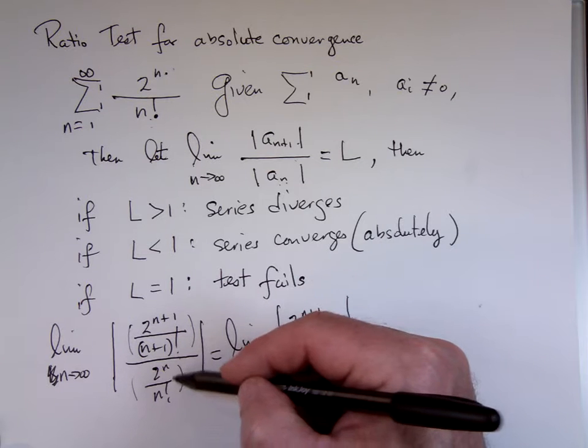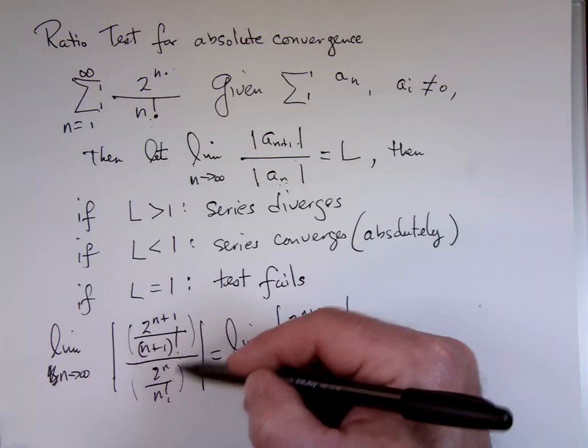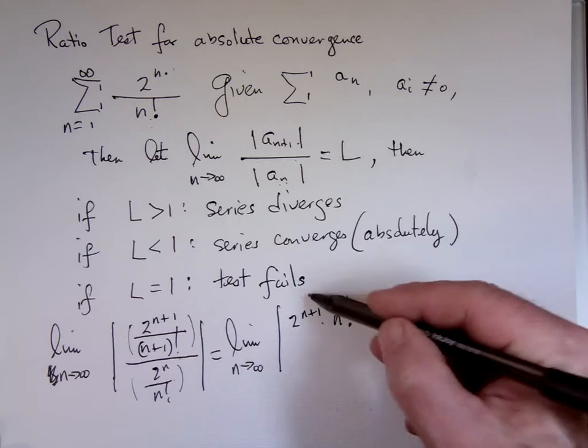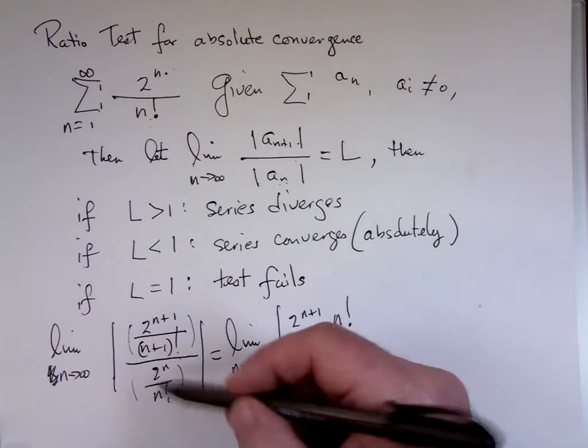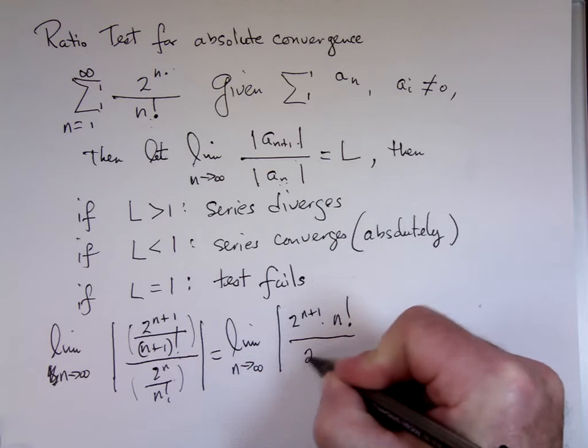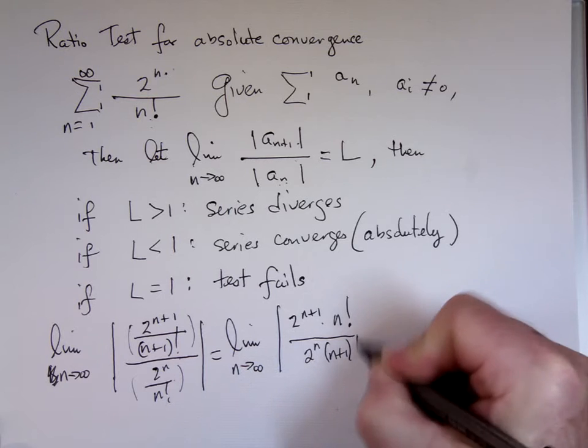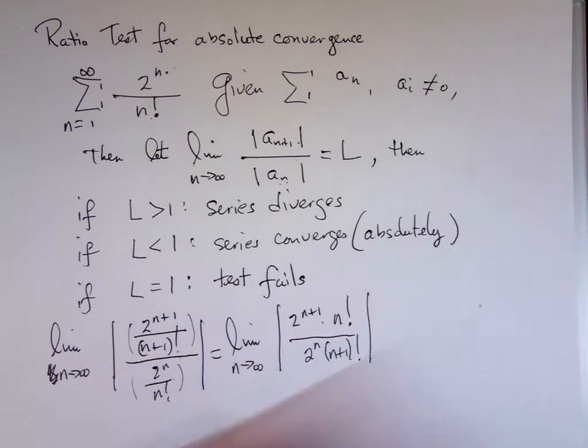Instead of doing this division, you multiply by the reciprocal, flip this around. So the n factorial comes up in the numerator, and the 2 to the n comes back down here with this n plus 1 factorial. This is the limit we have to do.